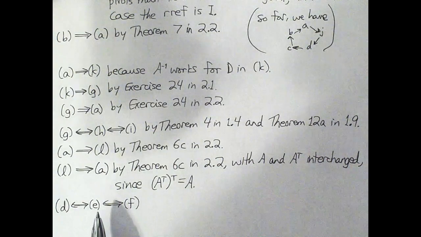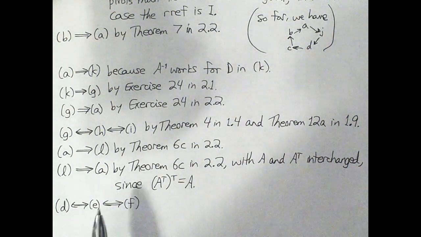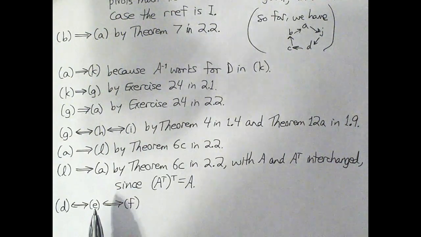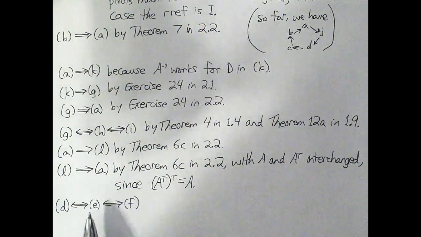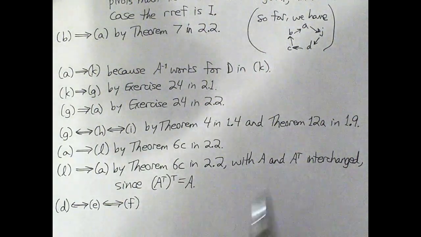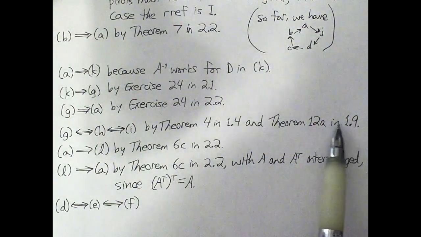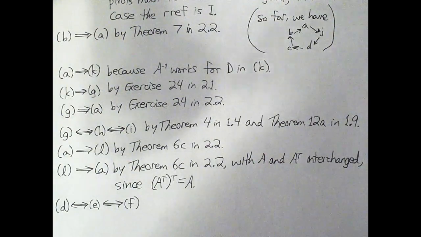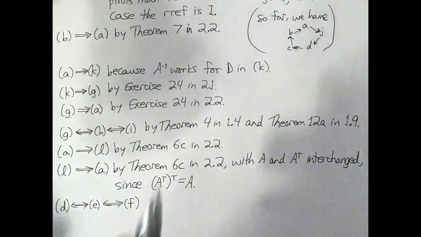D and E being connected relies on the definition of linearly independent. So that's a big part of this. F says the linear transformation is 1-to-1. So that would come from section 1.9 when we had properties of being 1-to-1 and being onto.